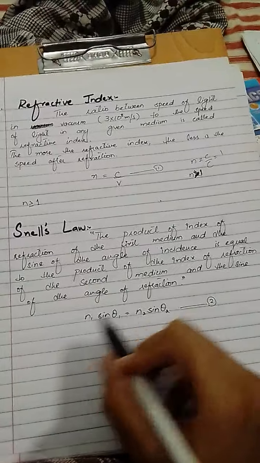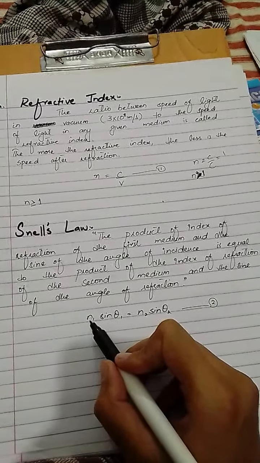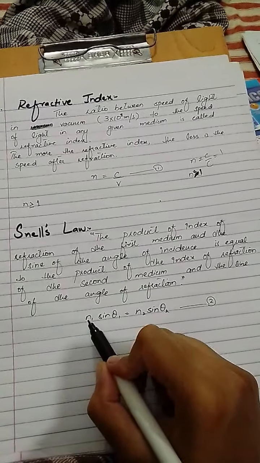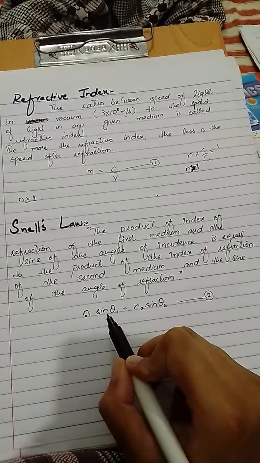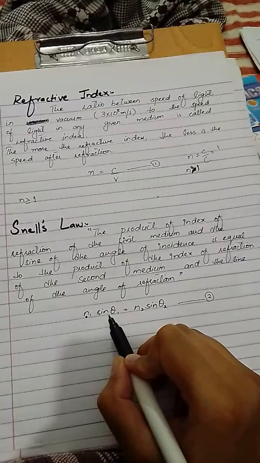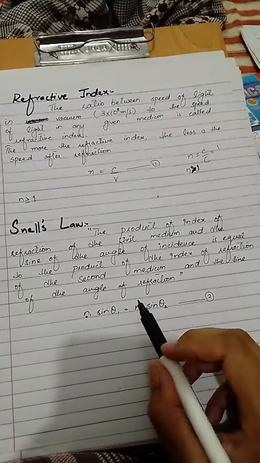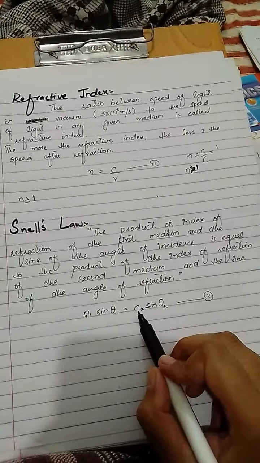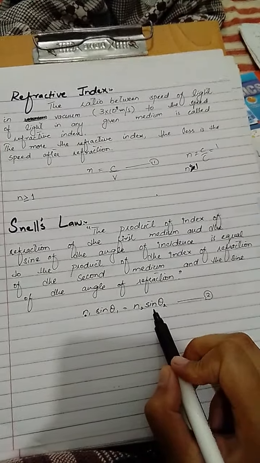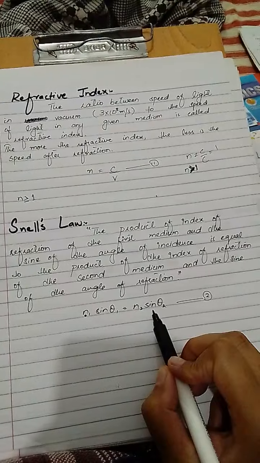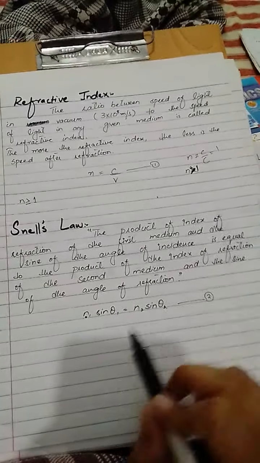Mathematically, it's very simple: n1 sine theta 1 is equal to n2 sine theta 2, the index of refraction of the second medium times the sine of the angle of refraction.